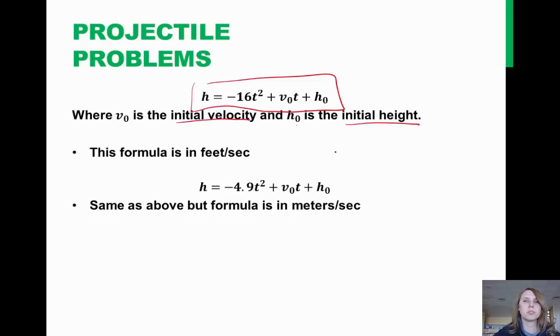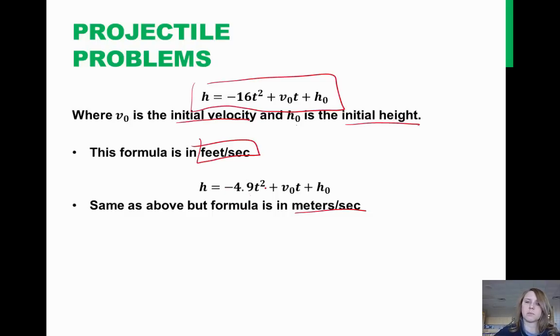When we're talking about projectiles, we're throwing a ball up in the air or a missile, and we're trying to find the height at a given time. This -16 one is in feet per second, and that's what we'll use a lot. However, when we're looking at meters per second, our very first number, instead of -16, is going to be -4.9.